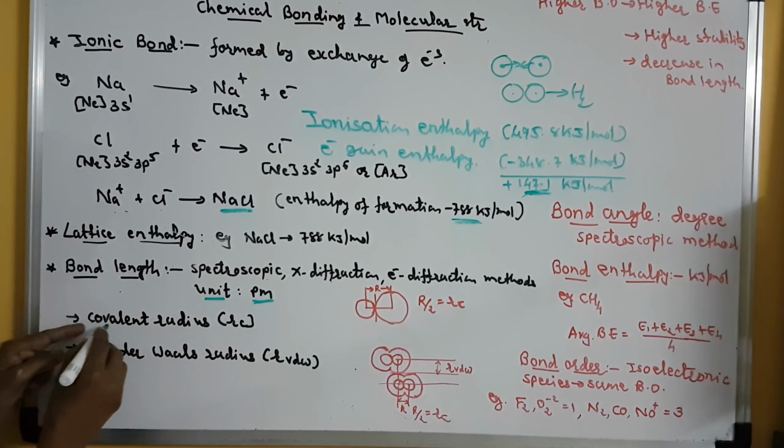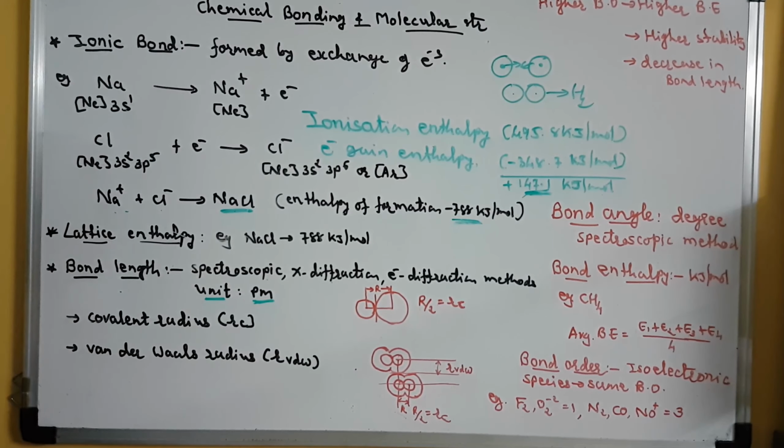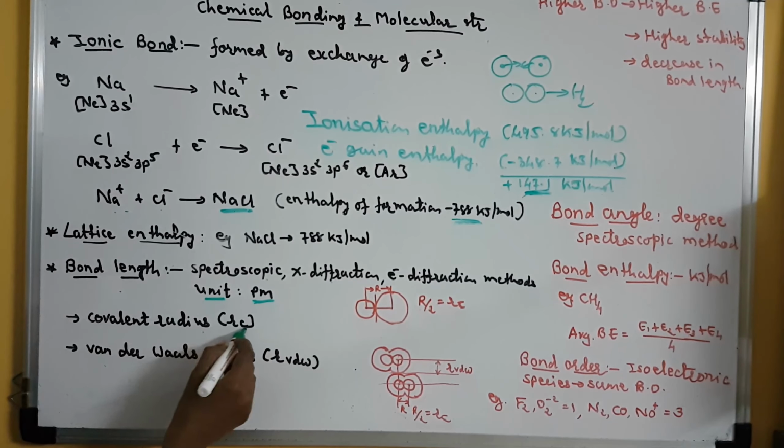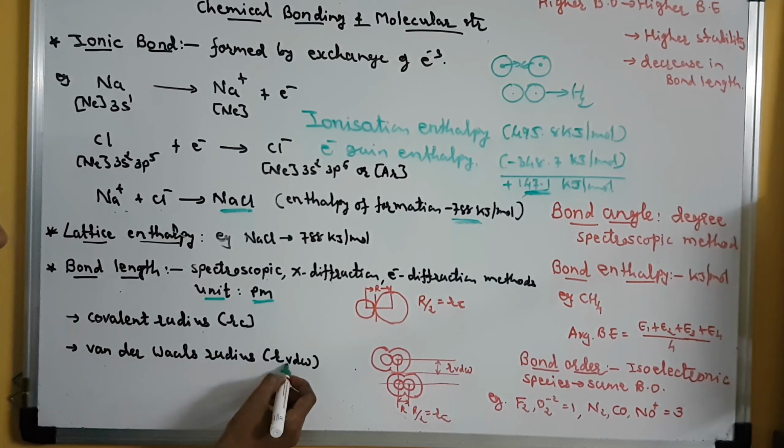Now in bond length, two more words are important. One is covalent radius and the other is van der Waals radius. Clear? Covalent radius means RC and van der Waals radius means RVDW. Now we will try to understand the difference between these two.